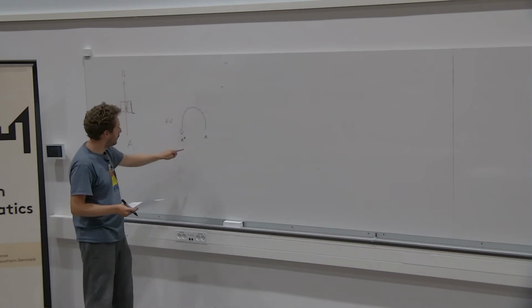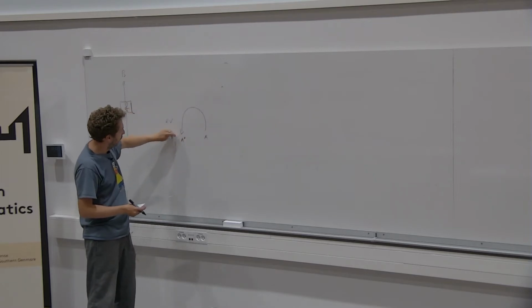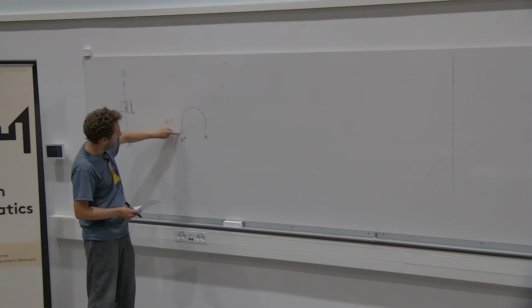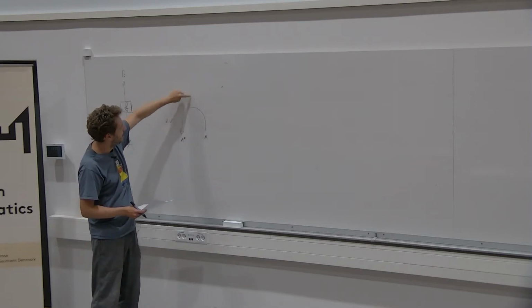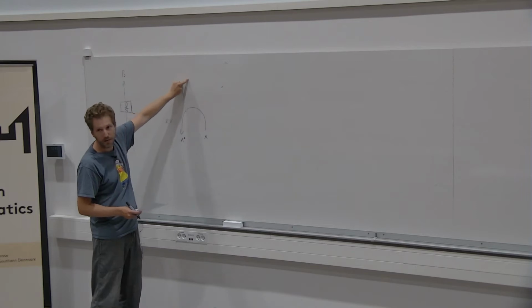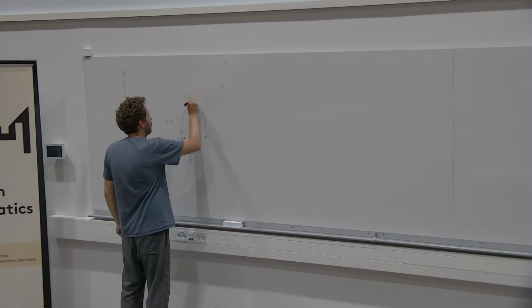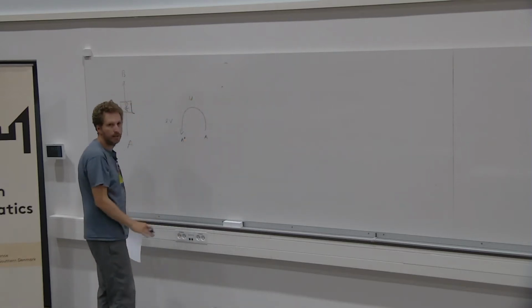So this strand labeled by A but with the arrow in the opposite direction, we think about as a morphism from A dual to something, but here it's going nowhere, so we think about the identity. This means we think about this as a morphism from A dual times A, we have here two strands, to nothing.